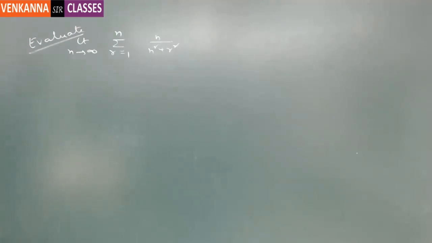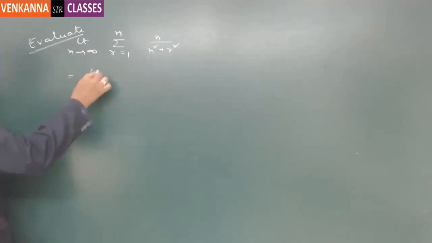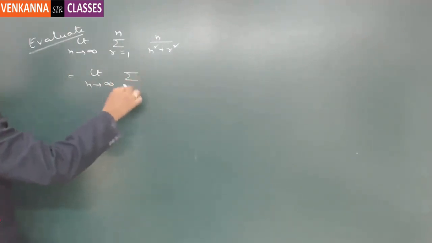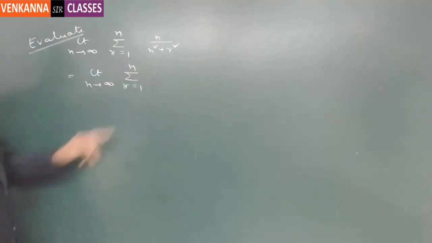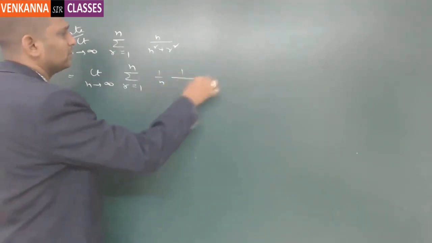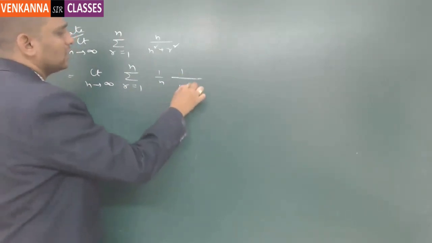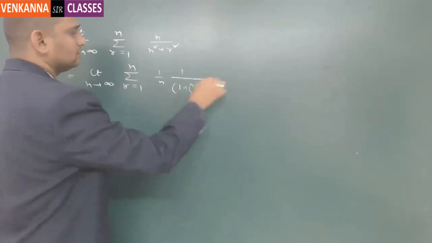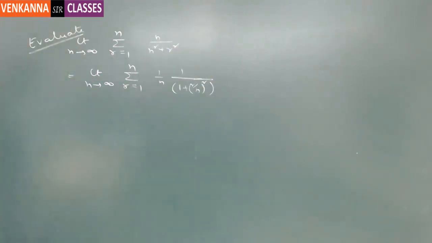So, it is written as limit n tends to infinity summation r is equal to 1 to n. If you take common n square here, it will be 1 by n into 1 by 1 plus r by n whole square. Accepted?